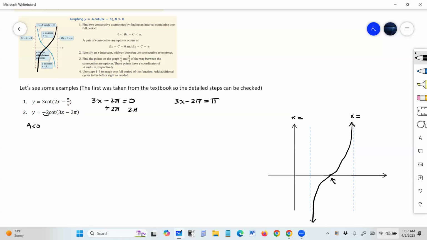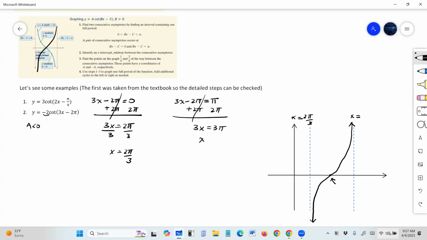I add 2 pi to both sides, and then I divide everything by 3. And that is the left asymptote: x equals 2 pi over 3. And I do the same for the right equation. 2 pi on both sides, 3x equals 3 pi.